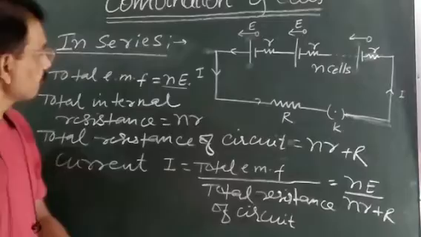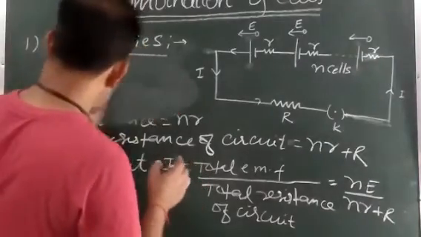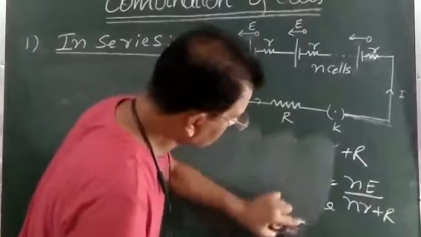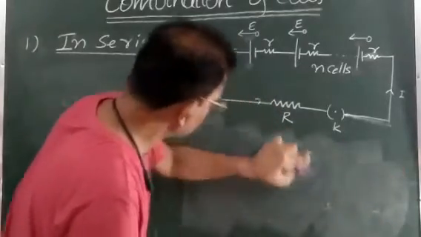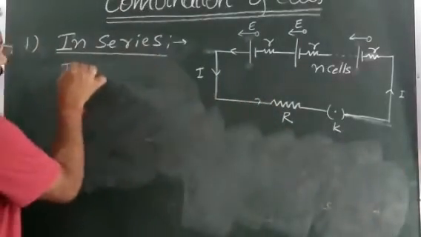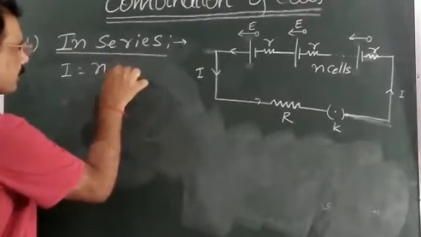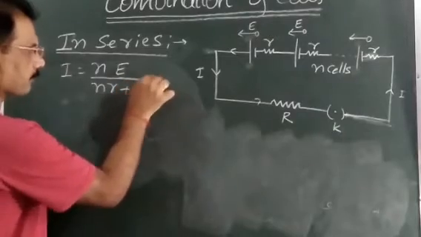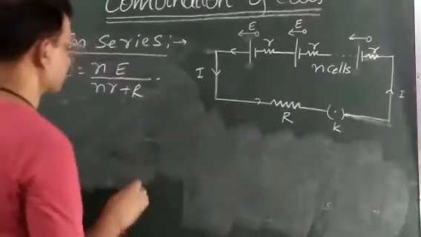Now you see here, I is equal to nE upon nr plus R. There are two possibilities.